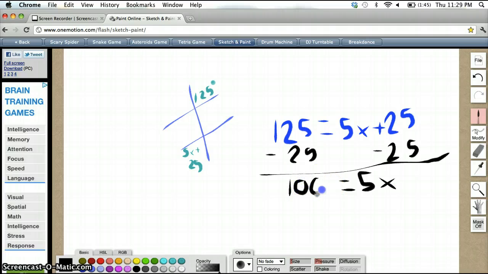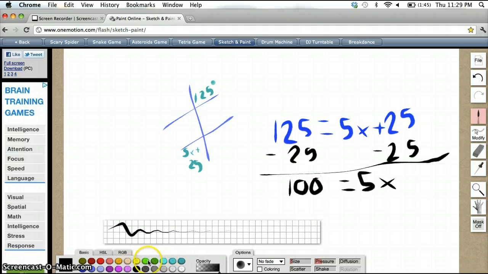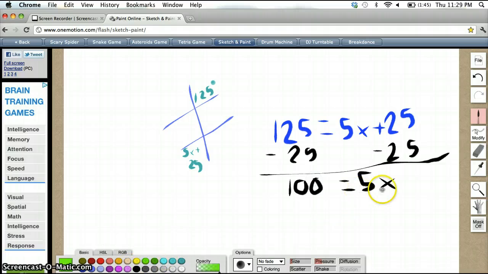The opposite of multiplication is division, so we divide by 5, and x equals 20 degrees.